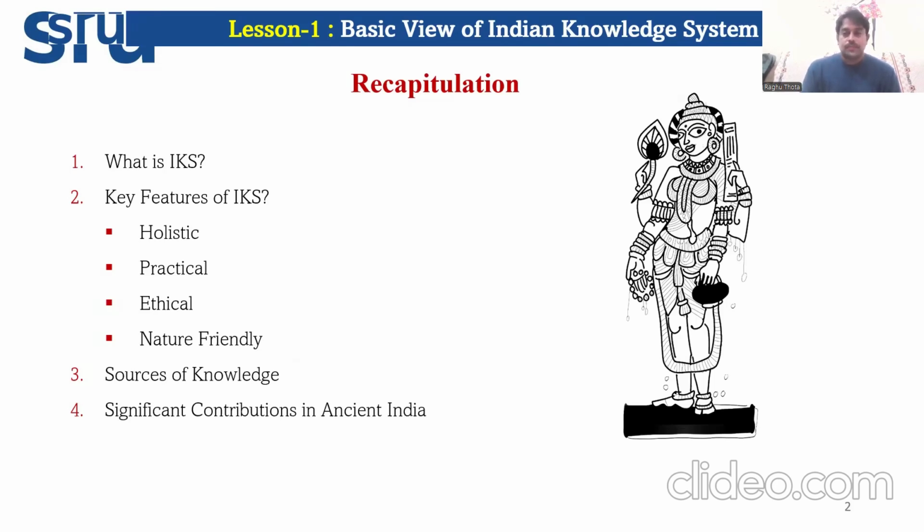It means learning by doing, learning through actions. Whether it is farming, architecture, or warfare, everything they did with practice. That is one of the important key features of the Indian knowledge system pertaining to education.